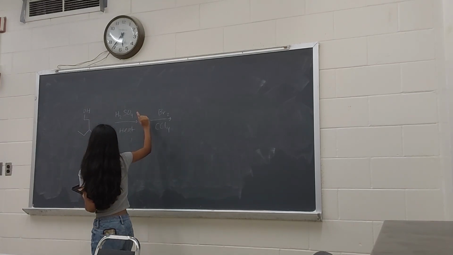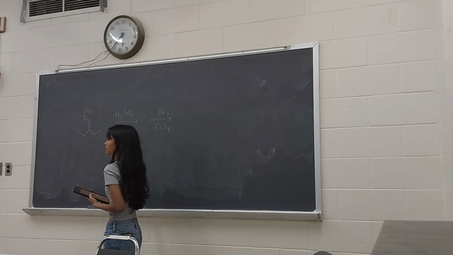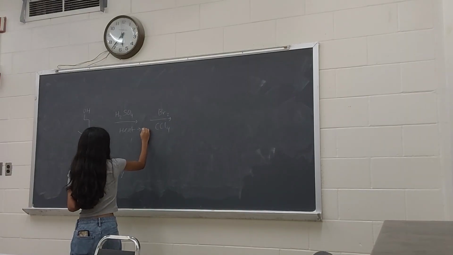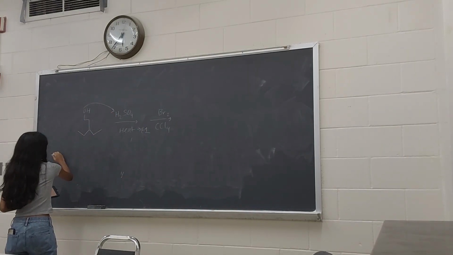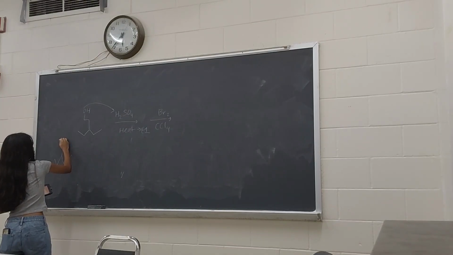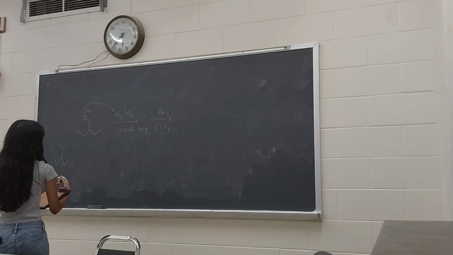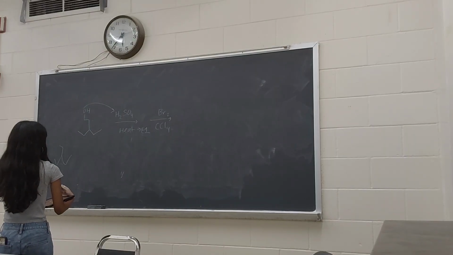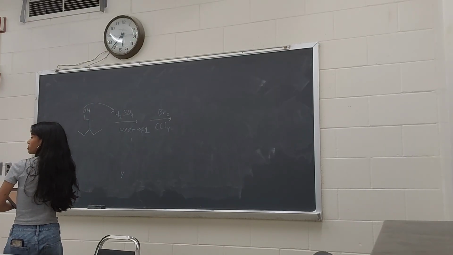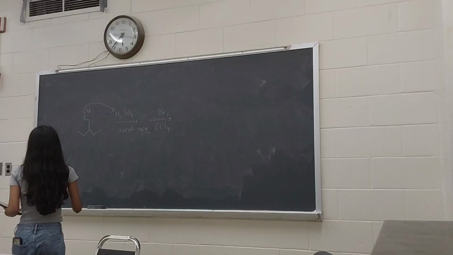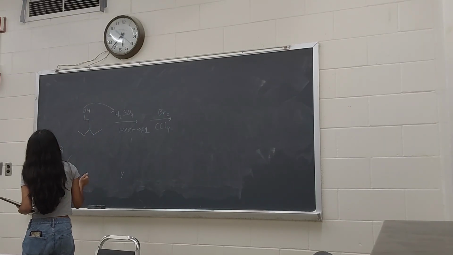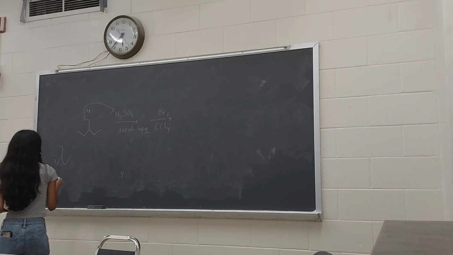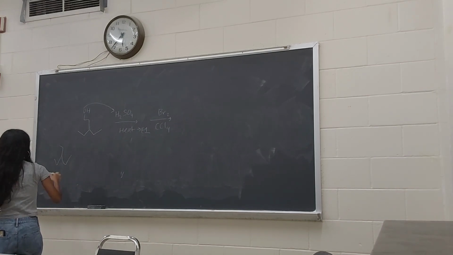Okay, alcohol, acid, E1. Protonate OH. E1 does have rearrangement possible. We're protonating because OH is a bad leaving group, so we want to make it water so that it leaves.